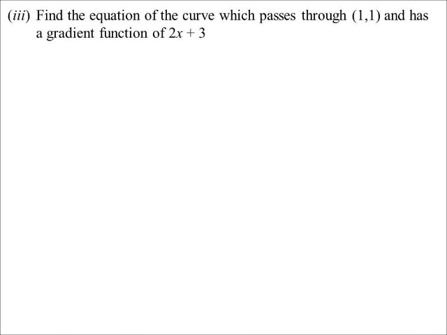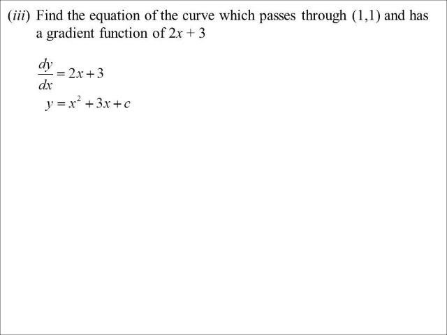So here's one where we can work out the constant, because they've told us the original curve does go through the point 1, 1. And it has a gradient function. Well, a gradient function is just a fancy way of saying the derivative. Because remember, the derivative is the function that allows us to find the gradient. So we know the derivative is 2x plus 3.